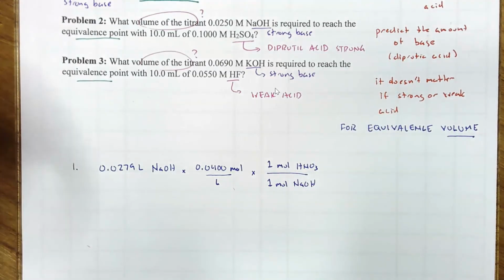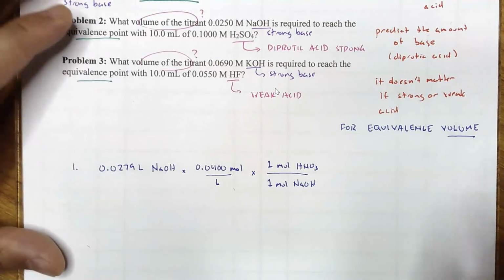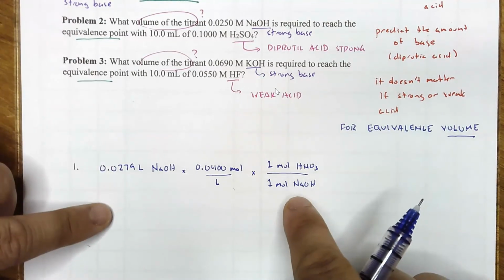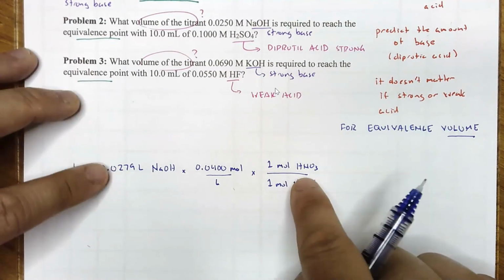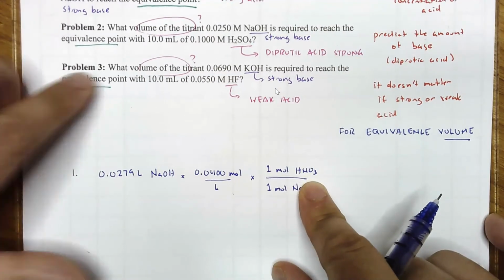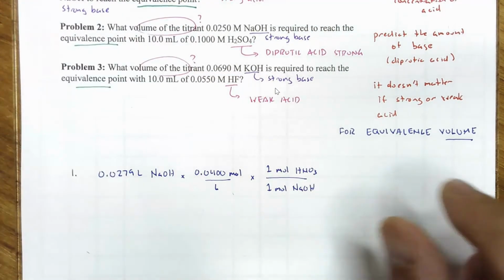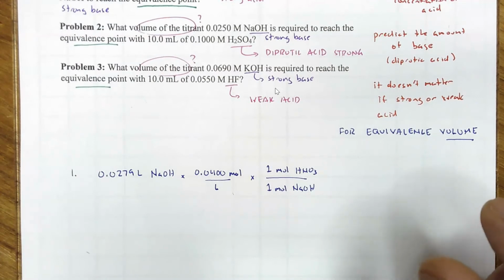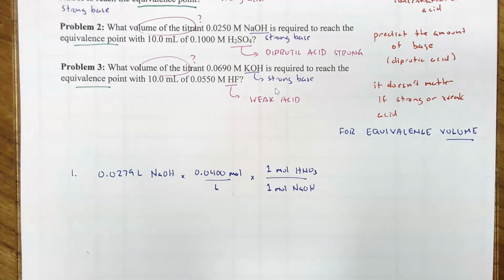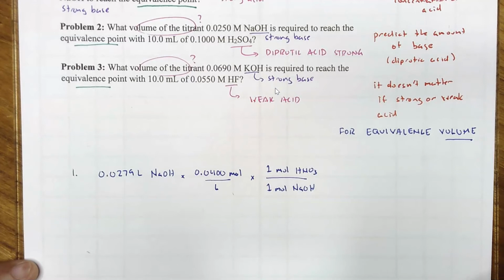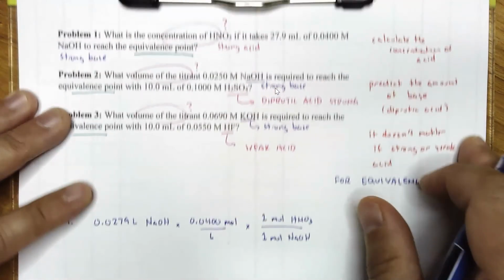At this point, we have the moles of HNO3, right? We want the concentration, so now we just need liters. What is the concentration of HNO3 if it takes 27.9 milliliters?